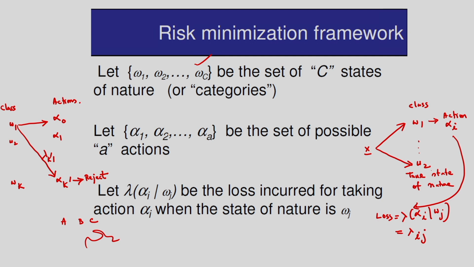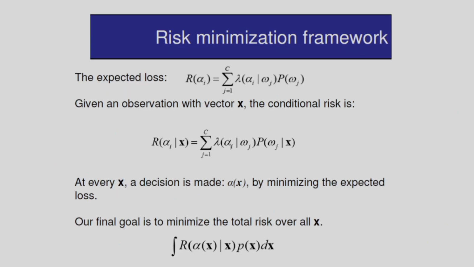So I can define the loss like this. Action alpha i is considered for the class Wj, and corresponding to this the loss is lambda ij. From this you can determine the expected loss, and also the conditional risk.